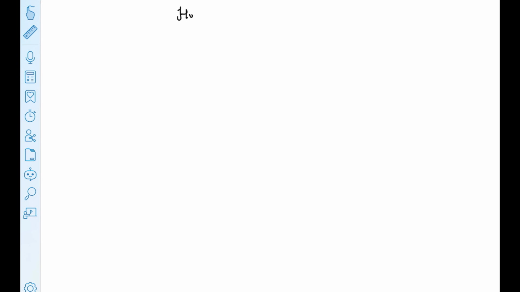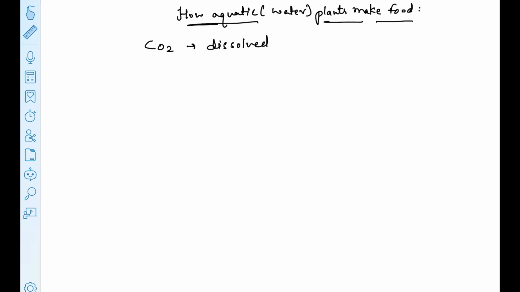Now let's talk about how aquatic plants make food. So in water, carbon dioxide is present in dissolved form, and aquatic plants absorb this dissolved carbon dioxide through their surface.